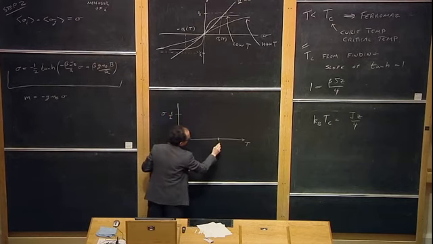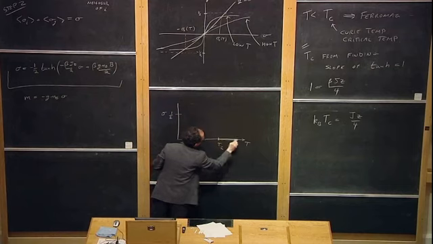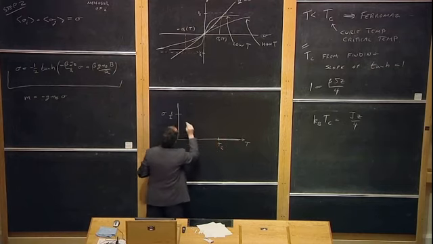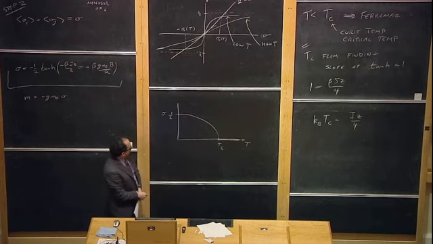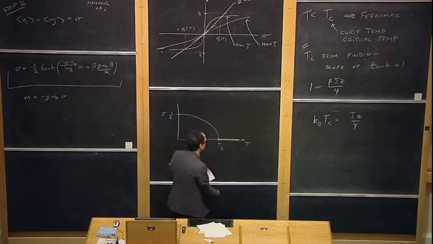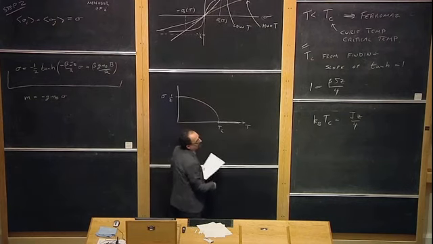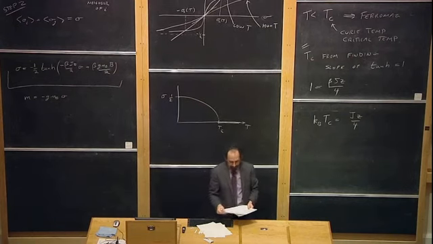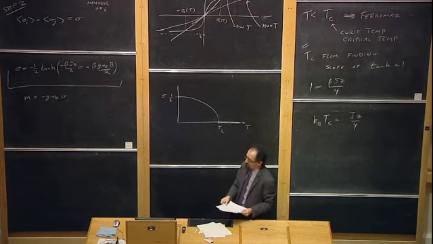And then at Tc, it goes to 0. And above Tc, it's exactly 0. But then it comes down kind of like this at finite temperature as you change T. So this gives you the equation of state of how much magnetization you get as a function of temperature. And you can get it from this mean field approximation. It's not exact, but it's fairly good.